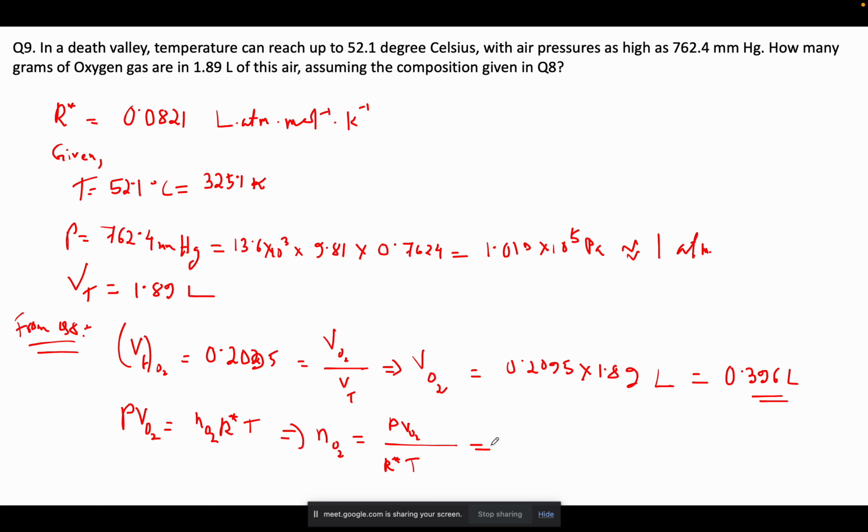So what is P here? 1 atmosphere. Volume 1.89, no, sorry, volume is 0.396.